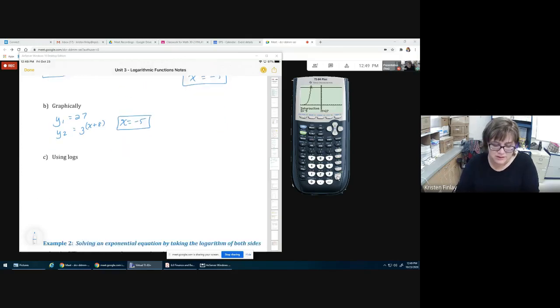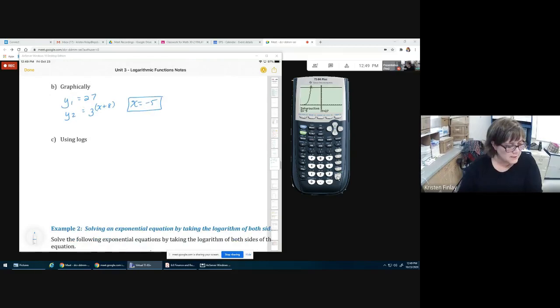Now we're going to do it using logs, right? So using logs, we have 27 is equal to 3^(x+8). So we convert to log form. So this would be log base 3 of 27 is equal to x plus 8, right?